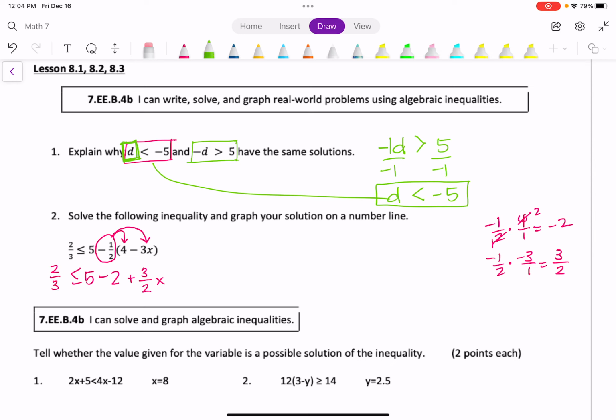So I can combine my 5 and my minus 2. I get 2 1/3. 2/3 minus.